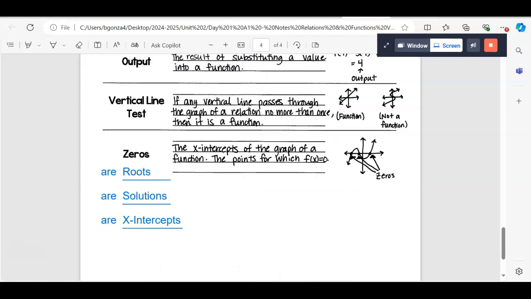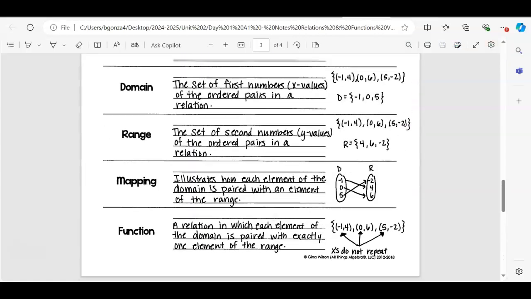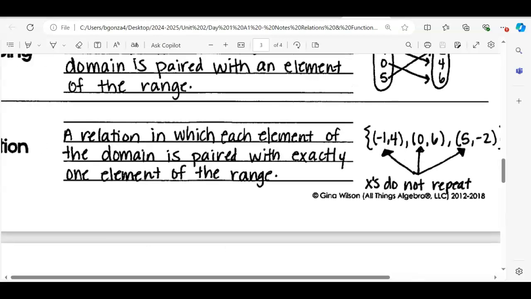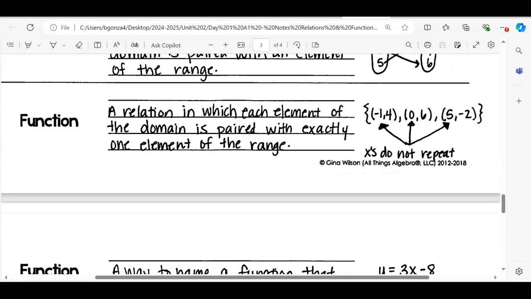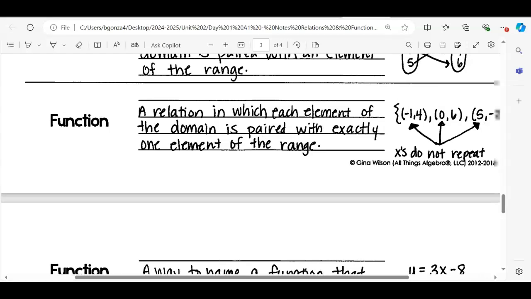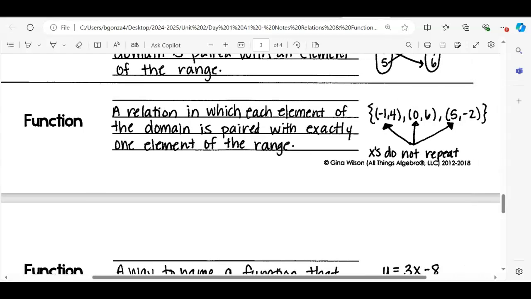On the notes last time, right here, we said that the x's do not repeat. Now this is from last time. So basically, each x can only have one y. So the x does not repeat. So let me bring it back here.